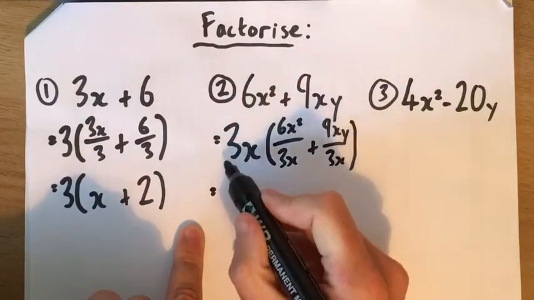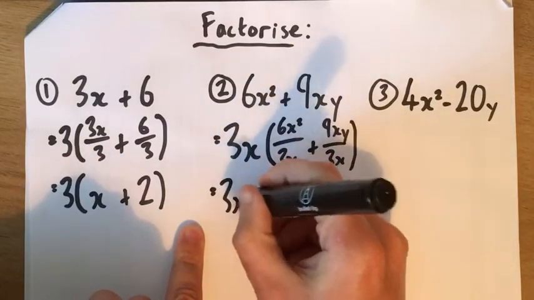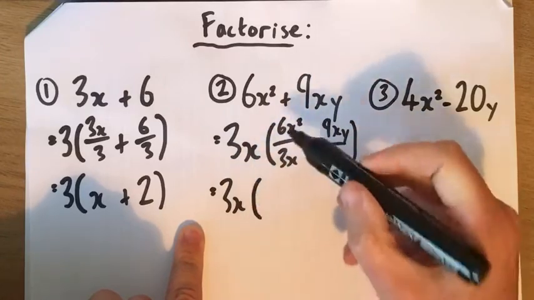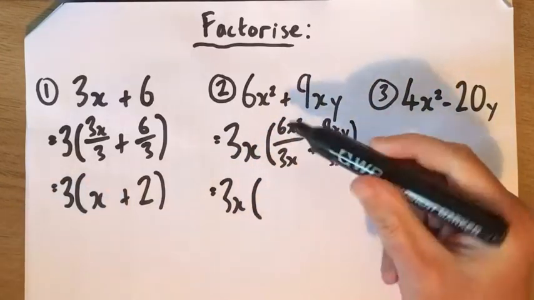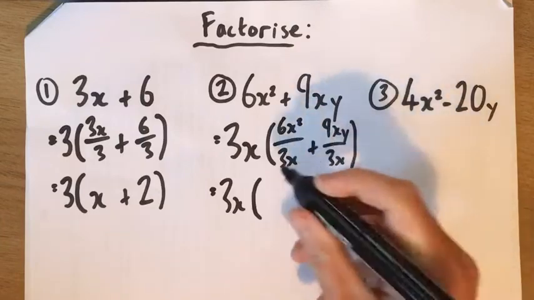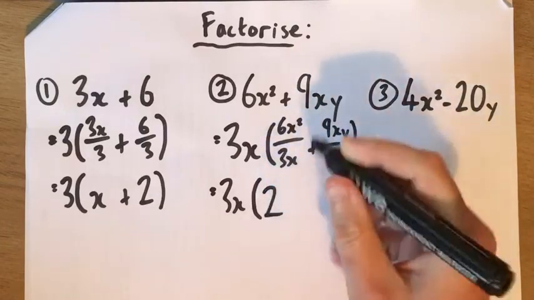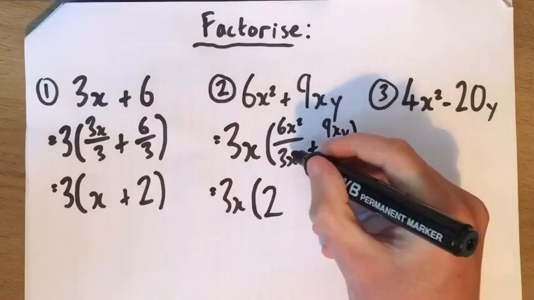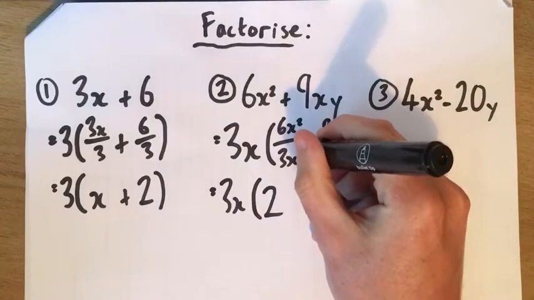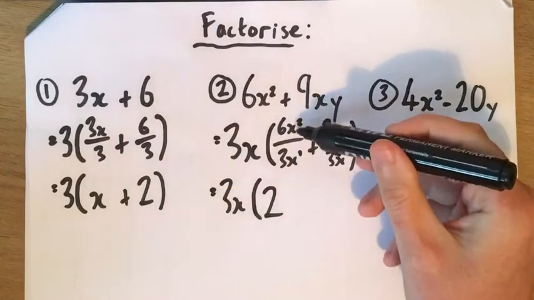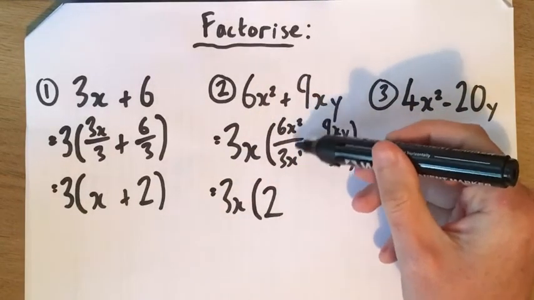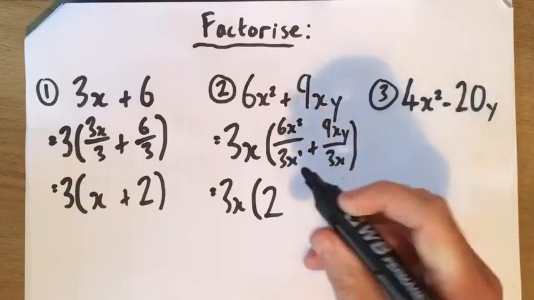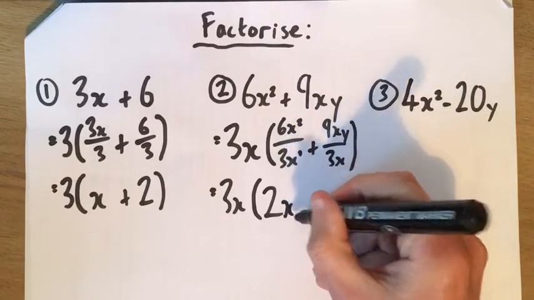So this is equal to the 3x outside the bracket, and then actually do the division inside the bracket. 6 divided by 3 is 2. x squared divided by x: you can write that as x to the power of 1 if you want, and then subtract the powers here. So x squared divided by x to the power of 1 is x to the power of 1, or just x.